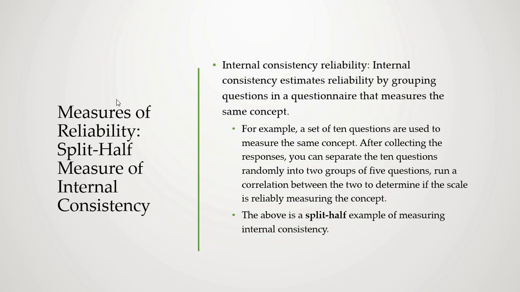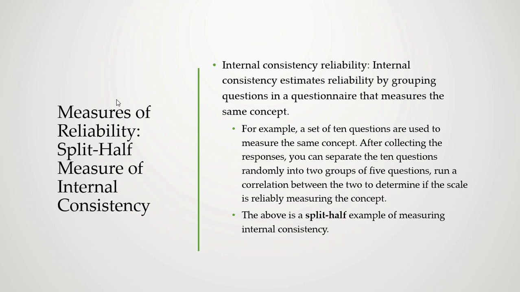In other words, if you have an instrument that measures several different concepts, you cannot use the split half to measure their internal consistency. However, if you have 20 questions and all of them are designed to measure the same concept, what you do is to randomly split the 20 questions into two halves, with each half consisting of 10 questions.